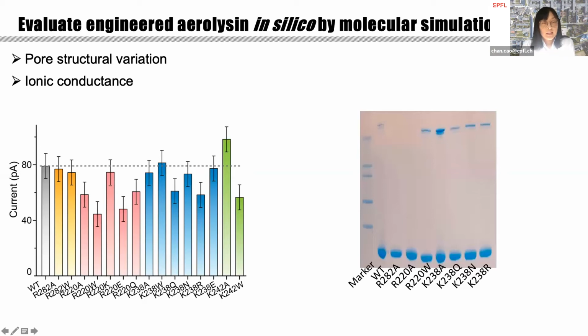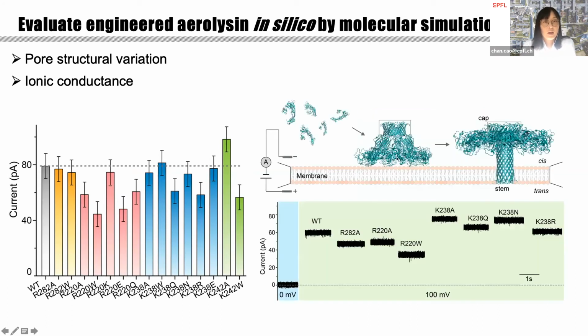So we selected a few of the mutations, expressed them, and purified them. And here is what I mentioned before. This is SDS-PAGE, and we see the heptamer structure very well, which means it is super robust. And we did a very standard method for nanopore measurement.